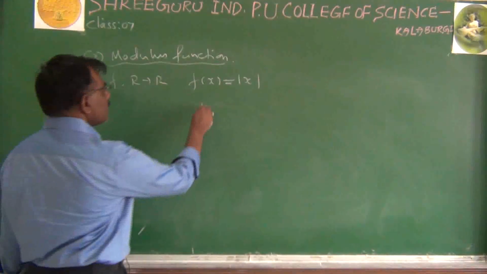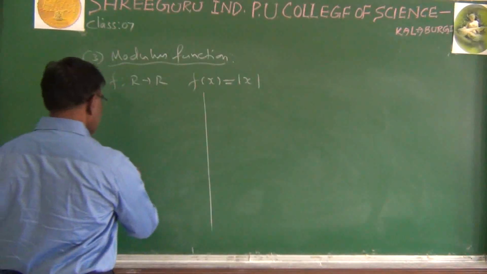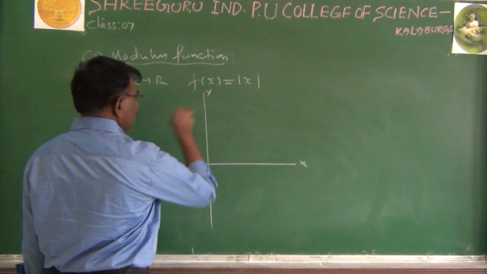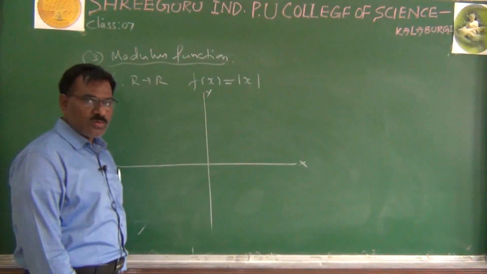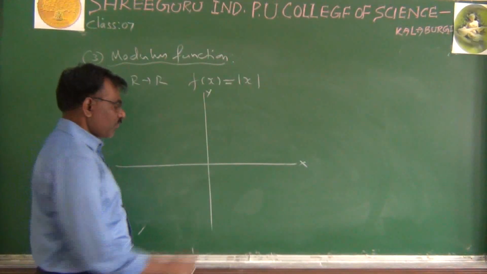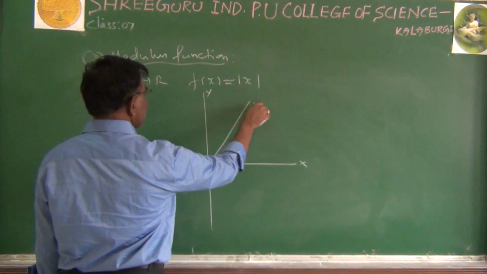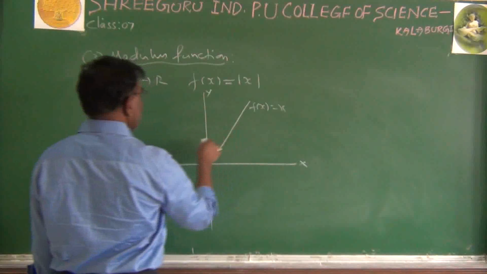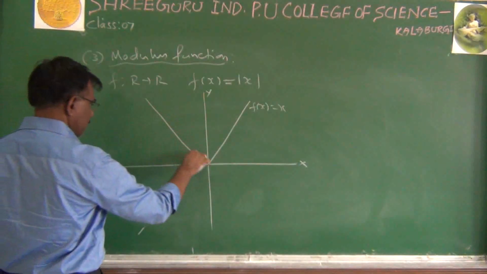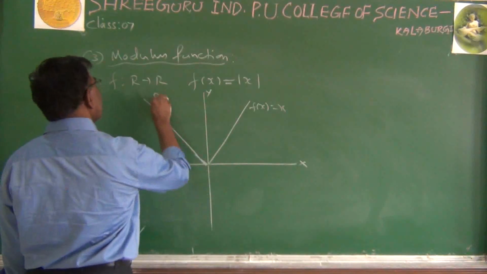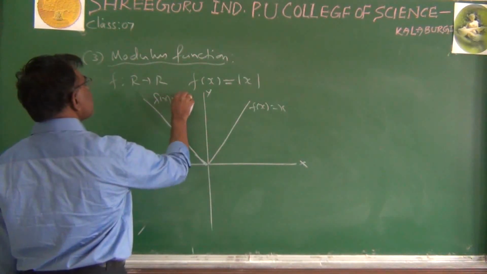Okay, so what is the graph of the modulus function? See, modulus means there are two parts, one positive, one negative. One is f of x is x, and another is f of x is minus x.